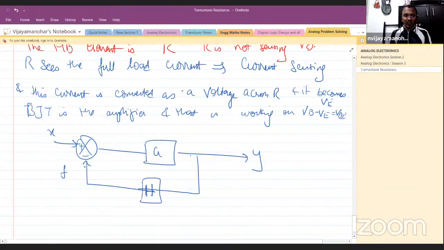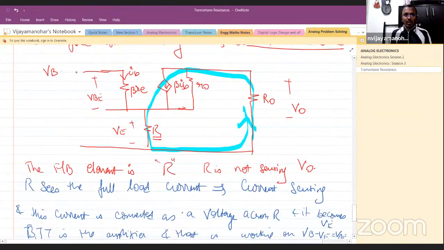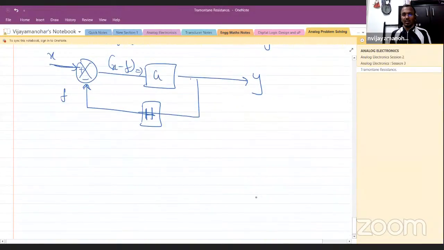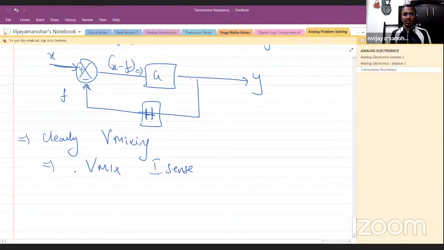The difference between the input and the feedback quantity drives the open loop amplifier. This is X, this is F. So X minus F is the input to the open loop amplifier G, correct? Similarly, here VB is the input coming in, VE is the feedback quantity. So VB minus VE is the VBE, which is operating the transistor. So it is clearly voltage mixing. So the type of feedback is V mix I sense. This is the type of feedback.